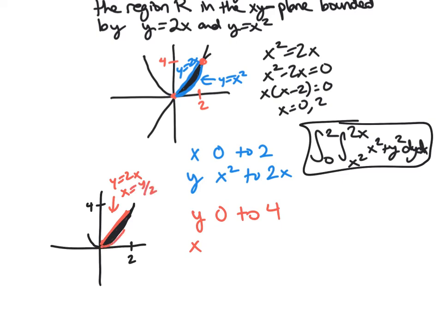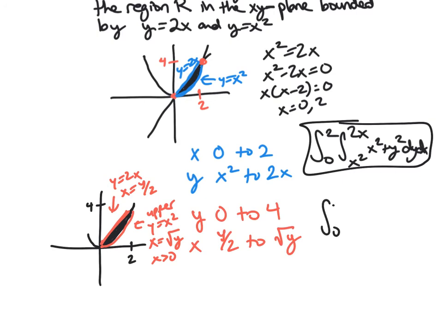And then my upper bound, so we go from y over 2 to y equals x squared, and so x is, in this case, the positive square root of y, right, because x is greater than 0 there. And so an alternative way to set this up would then be the integral from 0 to 4, and then we'd have y over 2 to the square root of y, x squared plus y squared, dx dy.